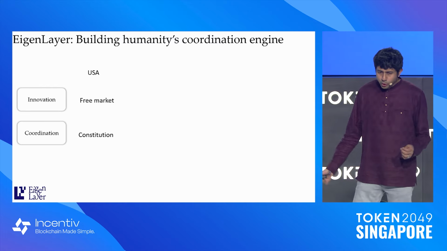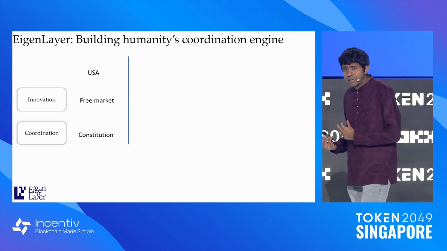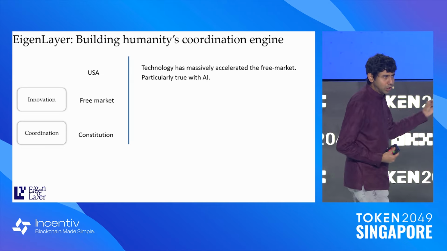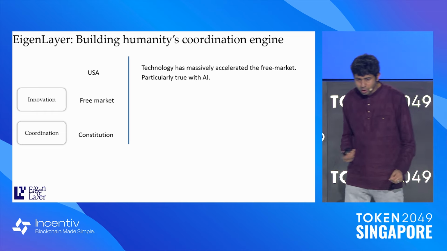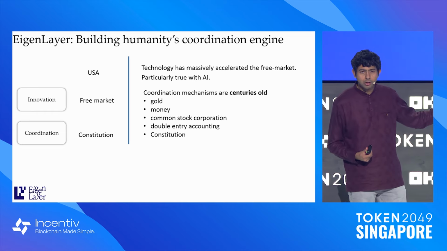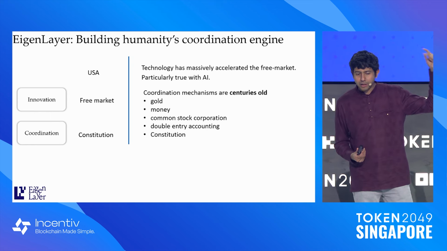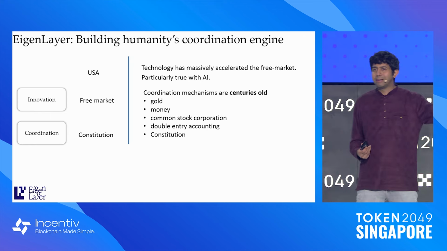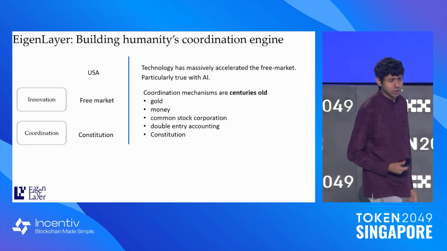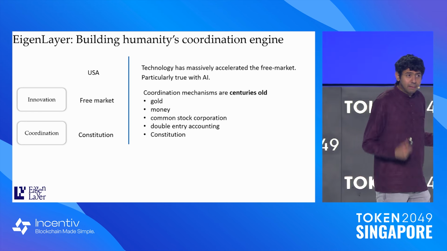And when you look at what technology has done, it has massively accelerated the innovation layer because technology is leveraged to the free individual. However, coordination mechanisms are all centuries old. Think of gold, think of money, think of the common stock corporation, think of double-entry accounting, think of the constitution.